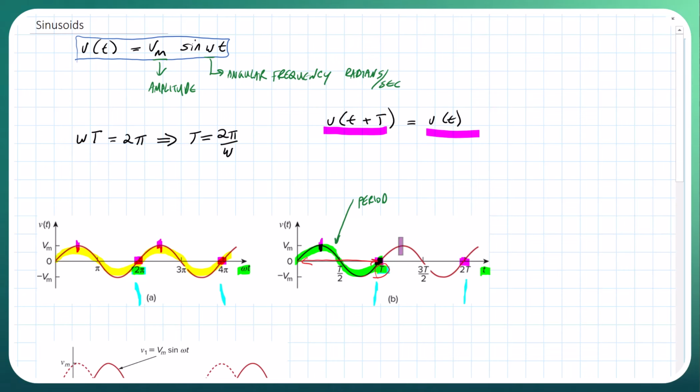Same thing here. So that's what this relationship is telling us, that depending on the shift with regards to the period, those values, in this case voltage, are going to be the same. Just something to keep in mind.